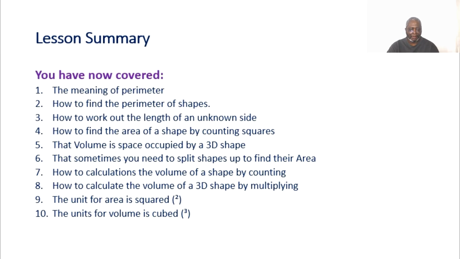We know that volume is space occupied by a 3D shape. We know that sometimes you need to split shapes up to find their areas. We know how to calculate the volume of a shape by counting. We know how to calculate the volume of a 3D shape by multiplying.